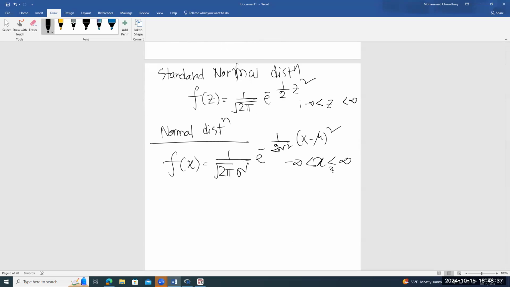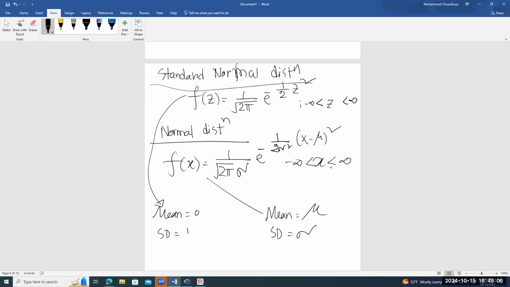So this one has a mean equal to mu and standard deviation equal to sigma. Okay? And that one has a mean equal to 0, standard deviation equal to 1.